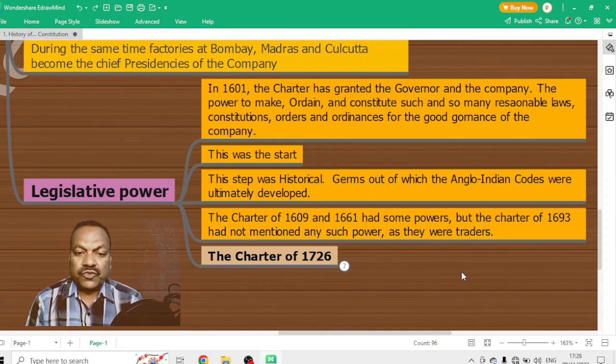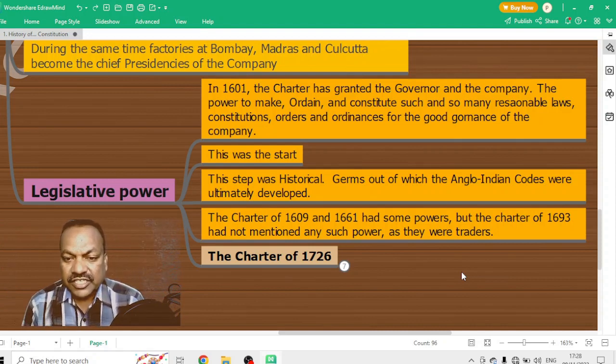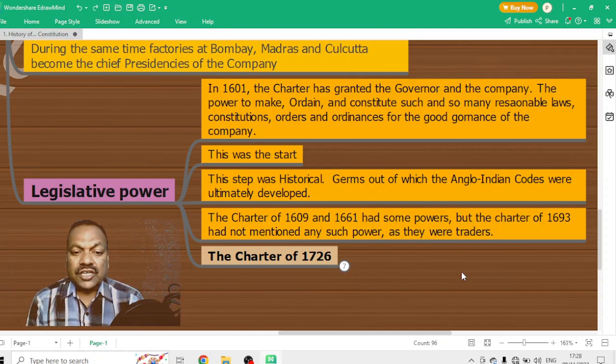The Charter of 1609 came, then the Charter Act of 1661 came, and all of these had certain powers. But the Charter of 1693 did not mention any such power, as they were traders, and traders cannot make laws.